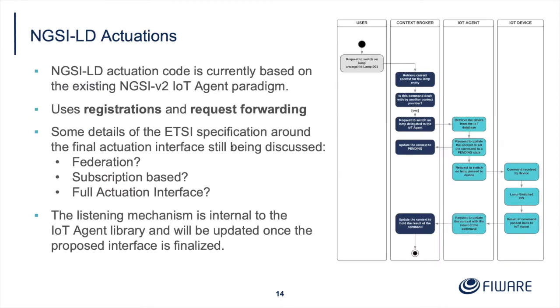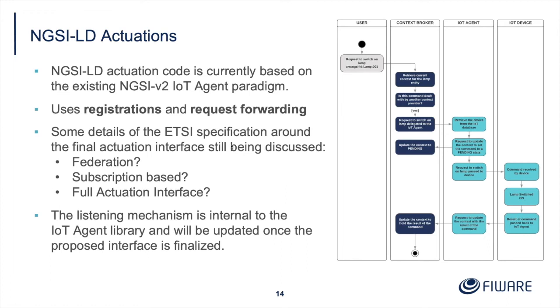Actuations are somewhat different, and the actuation interface is not entirely nailed down yet. The NGSI-LD actuation code is based on the NGSI v2 IoT agent paradigm, which uses registration in the middle.